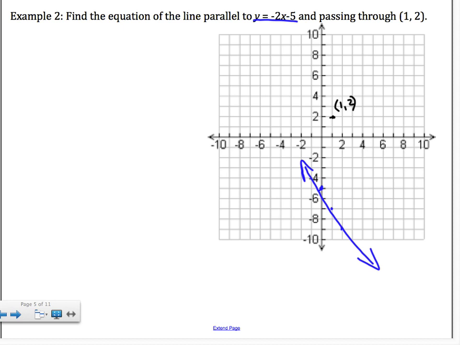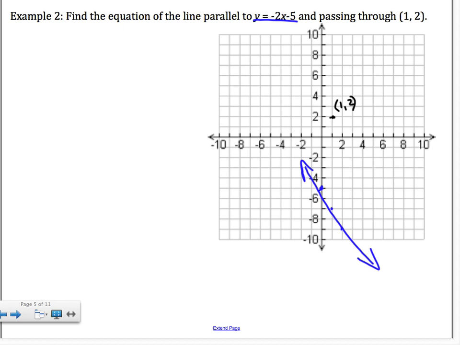How do we begin to do that? Only given a point. Since the slope is negative 2, just go up 2 from that point and then 1 to the left. How do we know the slope is negative 2 for that first equation?